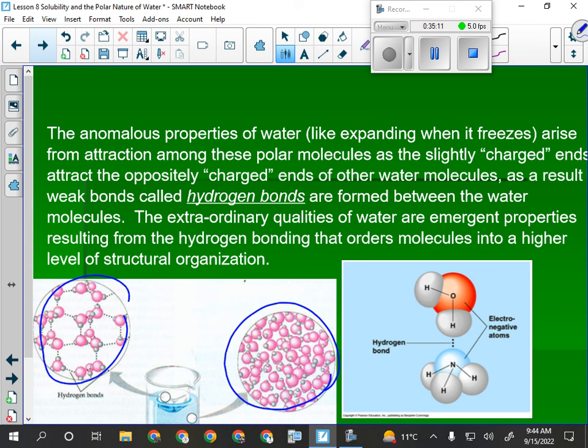And because it's less dense, it forms an insulating layer against the cold air, and there's liquid water underneath. Nothing would survive in a lake through winter if water was more dense in its solid form than its liquid form.